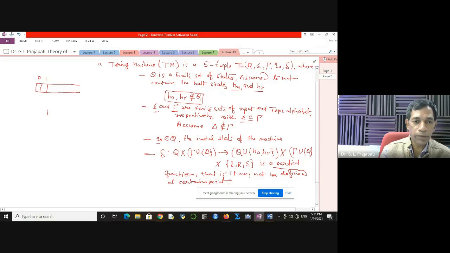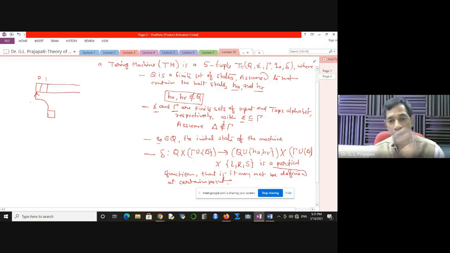Whenever your tape head is scanning square 0 and you say to move to the left, then a left move is not possible, because the tape head is already at the left end, and hence the function is not defined.